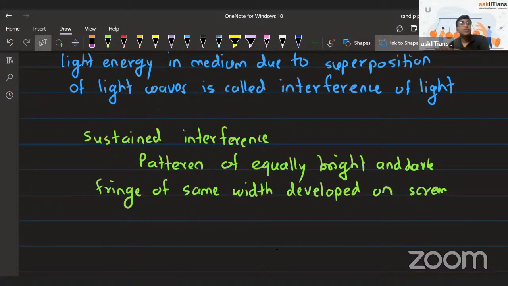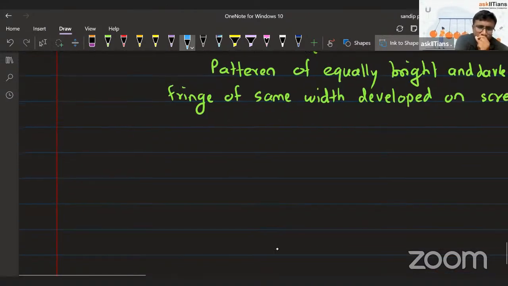That we can call a sustained interference. Equally bright and dark fringes of the same width, because in Young's double slit experiment also we have the same width bands, whether it is a dark band or the bright band.